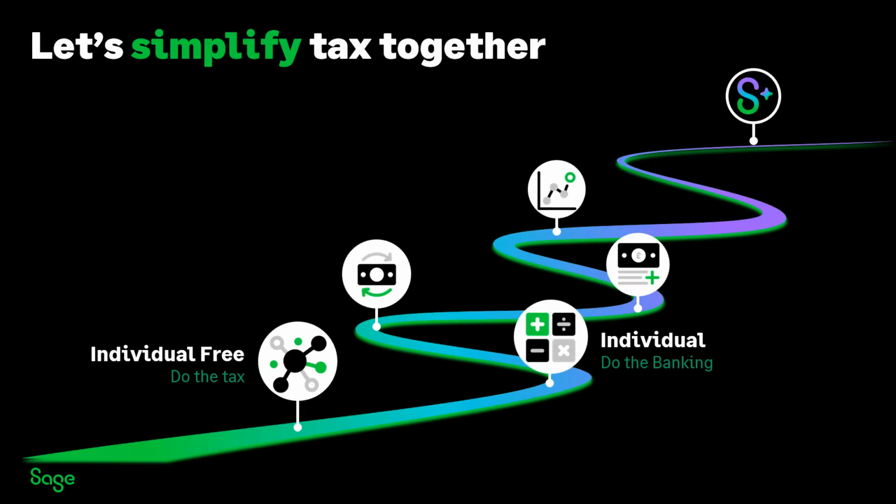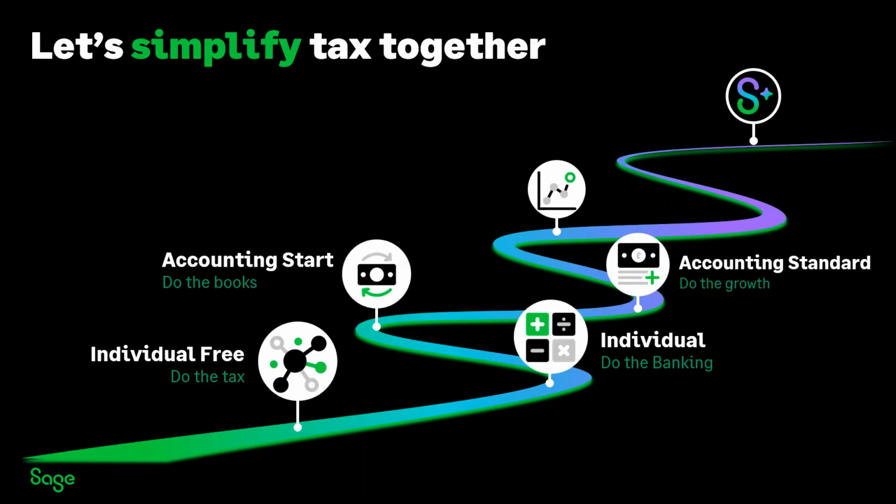Now, the next lot of products that we do offer, you've got Sage Accounting. So you've got Accounting Start, Accounting Standard, and you also have Accounting Plus. Again, I'm not going to go into details on these because there are so many features available with these as well. But what it'll do is get you started.